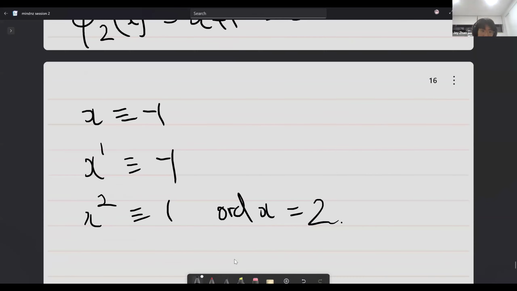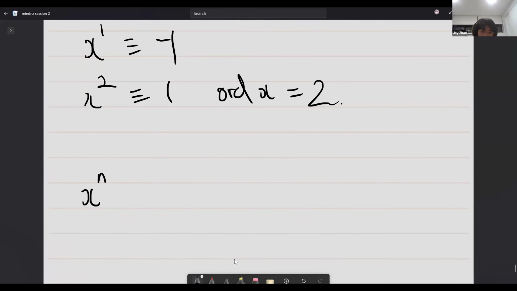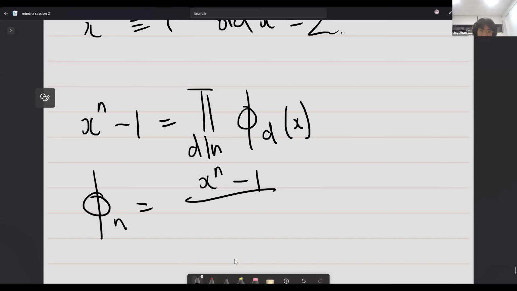Now, if you think about it, from the way we defined it, x^n minus 1 is equal to the product of all the cyclotomic polynomials of the divisors. So if you wanted to find the nth cyclotomic polynomial, it would be x^n minus 1 on top, and then you're dividing by the cyclotomic polynomials of all the divisors of n which are less than n.